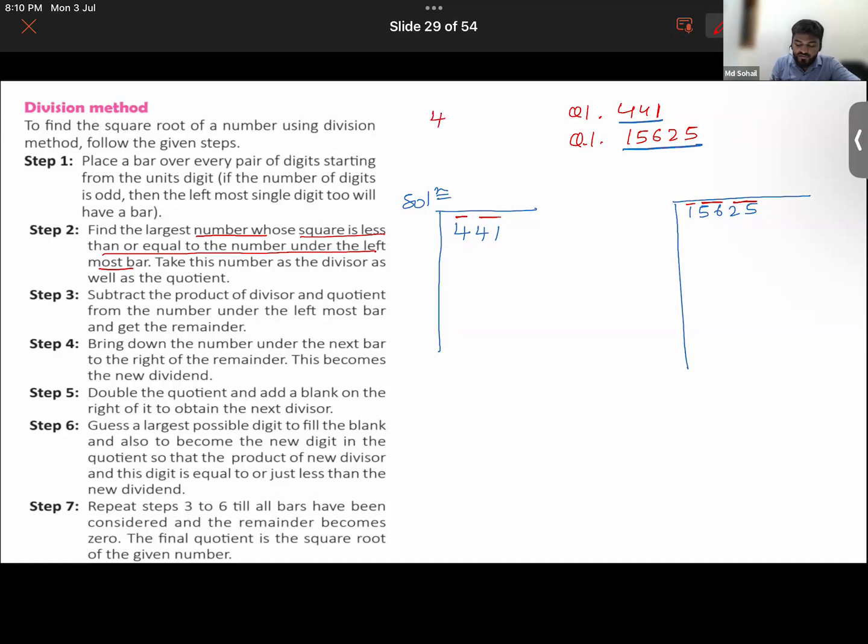So this 4 is closer to a square of 2 or a square of 3. Sir, 2. So 2 gives you 4 here, right guys? Then it becomes 0. Then bring down the next number under the bar. That gives you 41, right guys?